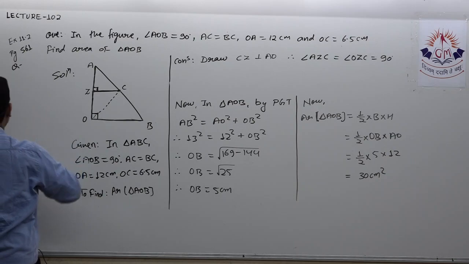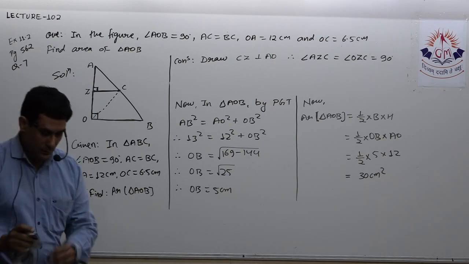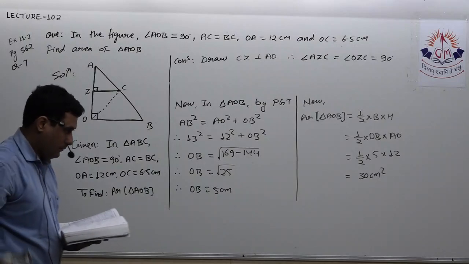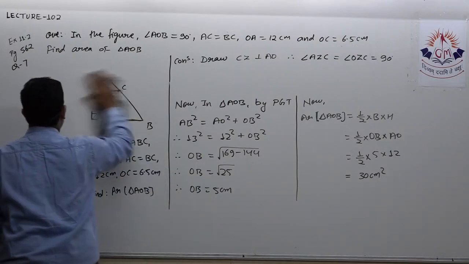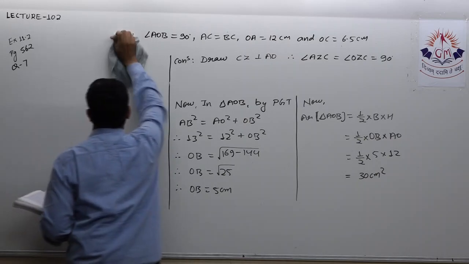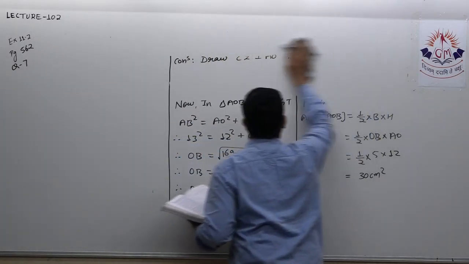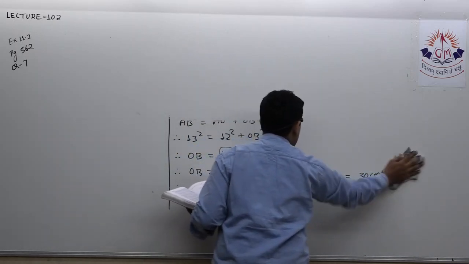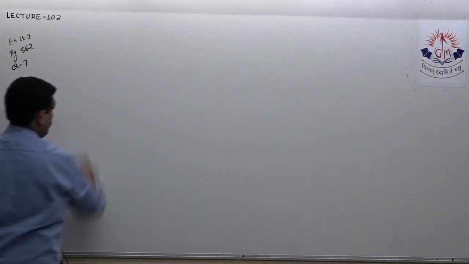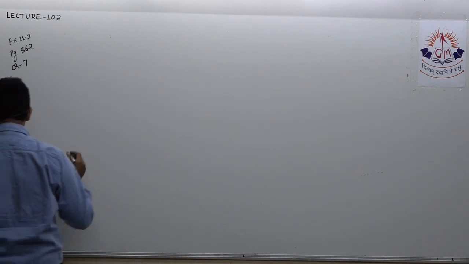From the same exercise, question number 7, page number 562. In the given figure, ABCD is a quadrilateral.